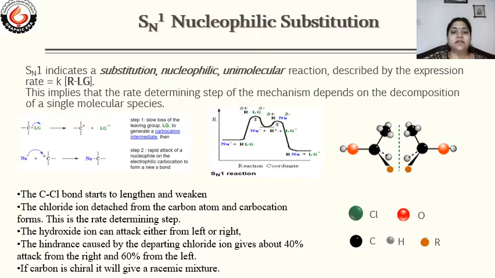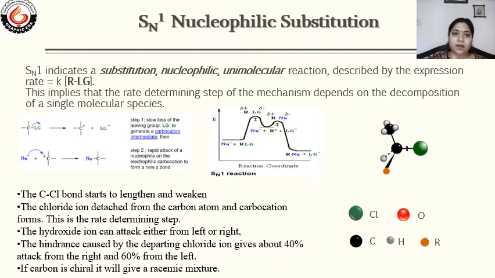Lg stands for the leaving group. So here the rate is only dependent on the concentration of the substrate. R is the organic carbon skeleton, and Lg is the leaving group.